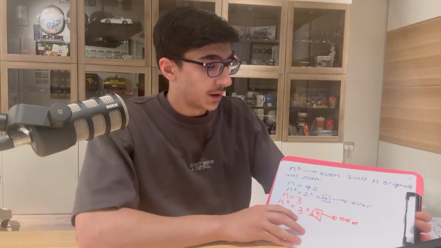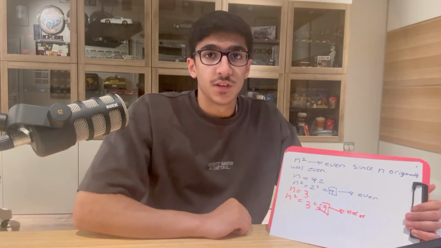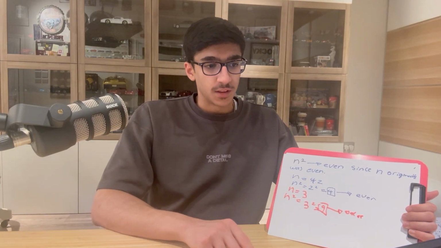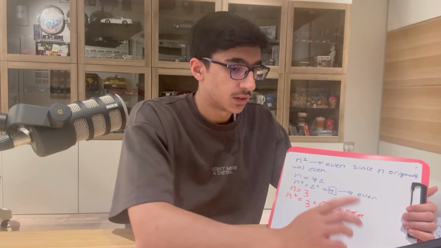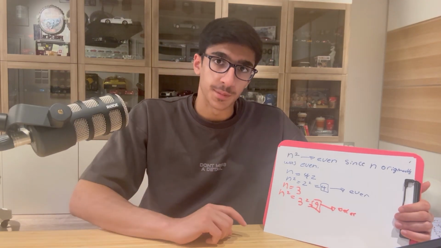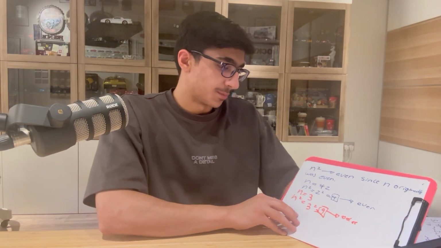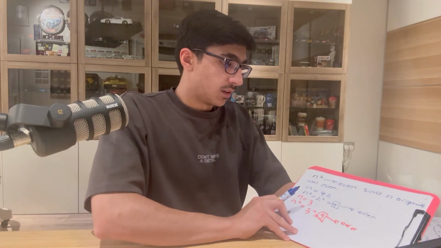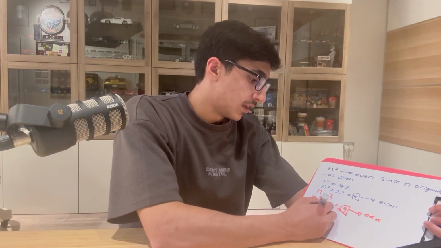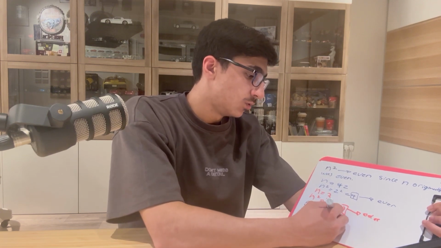And a quick reminder about even and odd numbers. If a number is even, then it is going to be 2 times something. But if a number is odd, then it's going to be 2 times something plus 1. For example, if it's even, then it's going to be just 2k.